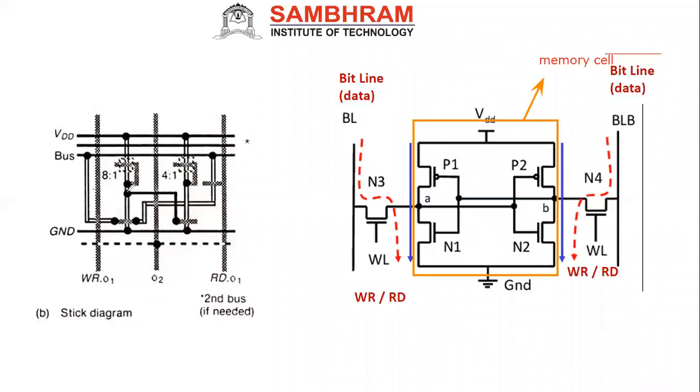The first inverter output is connected to the input of the second inverter. The second inverter output is connected to the first inverter input through one pass transistor. That is the refreshment, that is phi 2 connected, right? This second bus, if needed, we can go for a second bus. So this is the write signal, this is the read signal. Like this, we need to draw the stick diagram also.